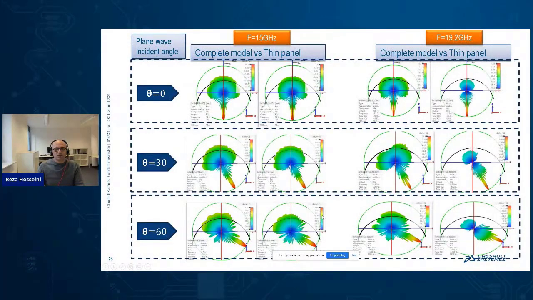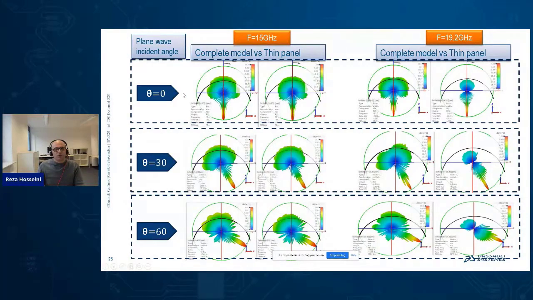The same result using the full far-field monitor. In the left columns we have the notch band at 15 gigahertz, and in the right columns 19.2, between the complete full geometry and the SIMPanel representation, for different angles. So you see that's lots of information. I hope you could follow the point.